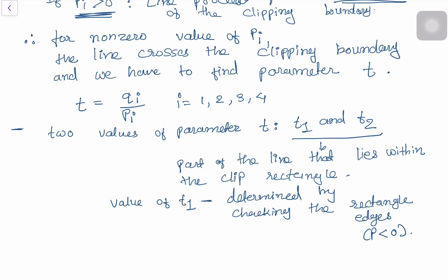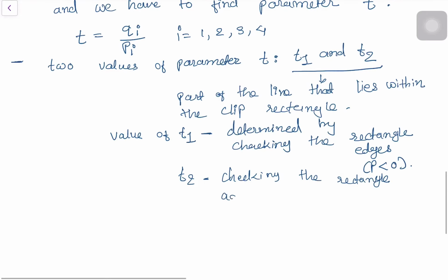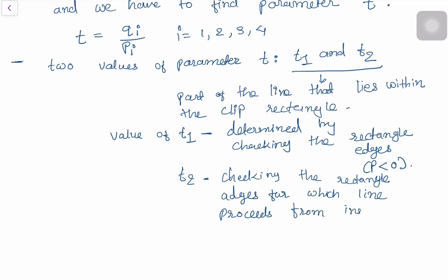On the other hand, the value of t2 is determined by checking the rectangle edges for which the line proceeds from inside to outside, that is, P is greater than 0.